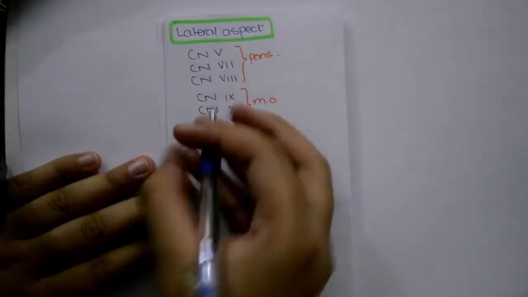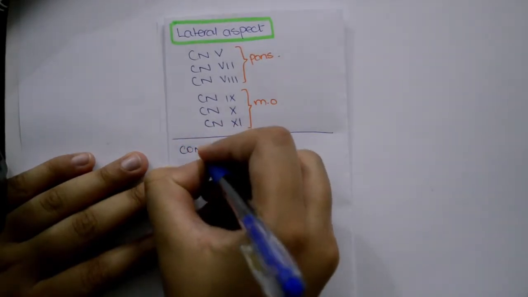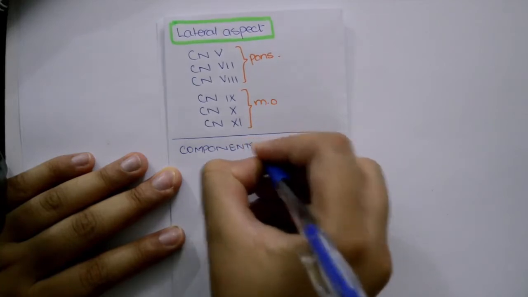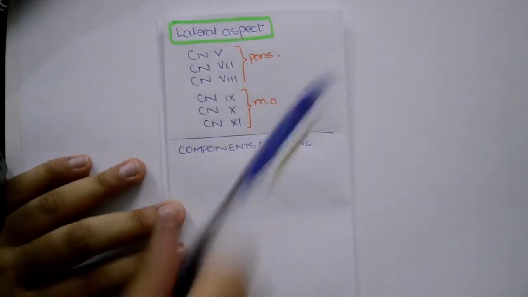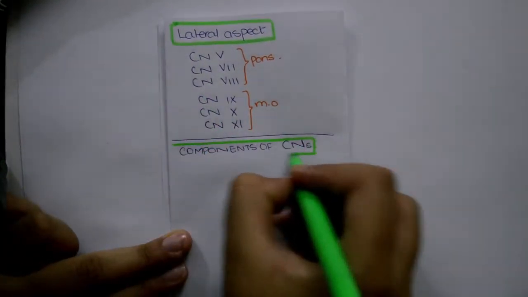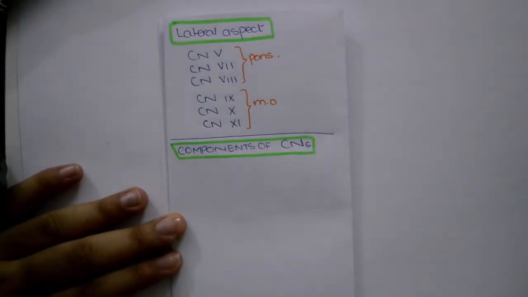Now there comes another concept, that is the components of cranial nerves. There are 3 components of the cranial nerve.